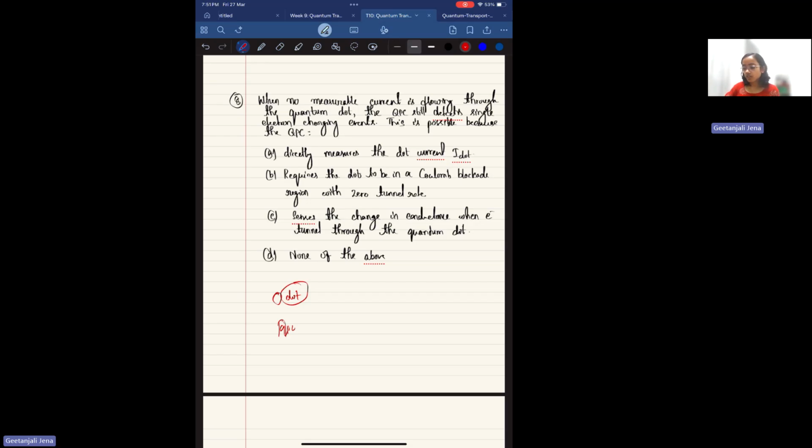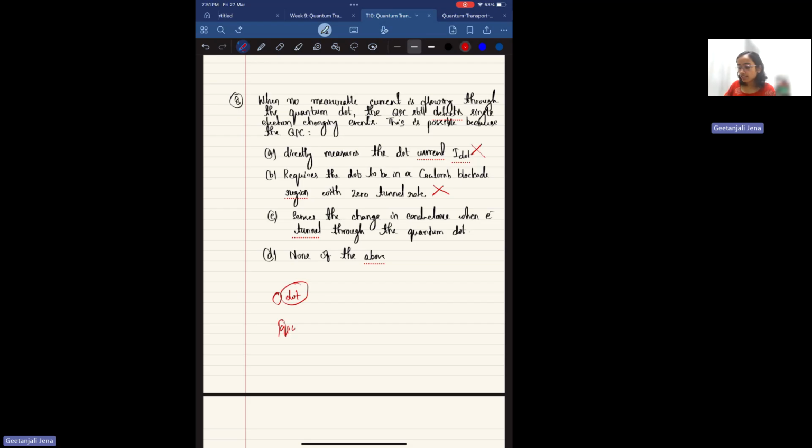Option A, directly measures the dot current, which is not true. Quantum point contact doesn't directly measure the dot current. Option B, it requires the dot to be in the Coulomb blockade region with zero tunnel rate, which is not true. If the tunnel rate is zero, we won't see the peak in the conductance graph, so we can't sense the charging and discharging.